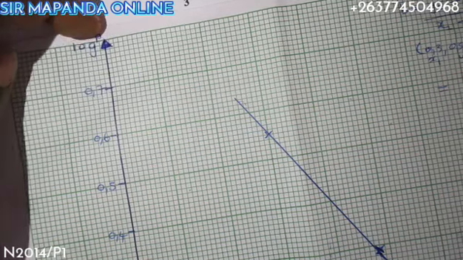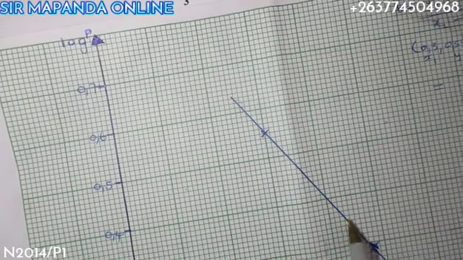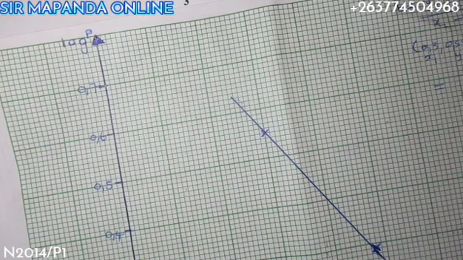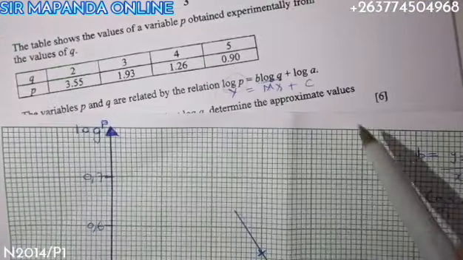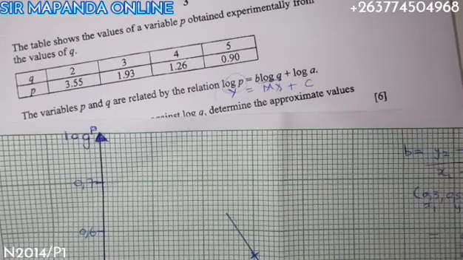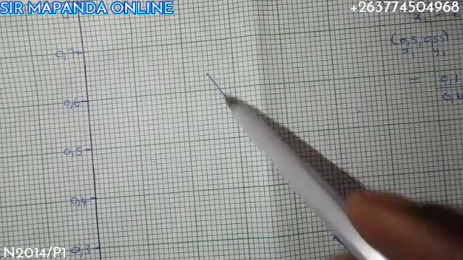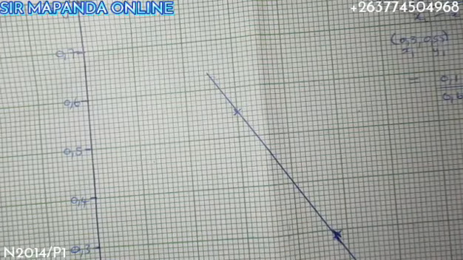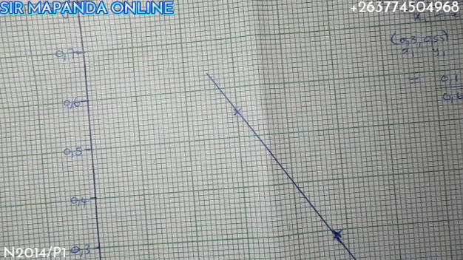The y-intercept where the line meets the y-axis was going to represent log A. So in this case, even if we are to proceed this line, it is not cutting. So we are going to use the substitution method.